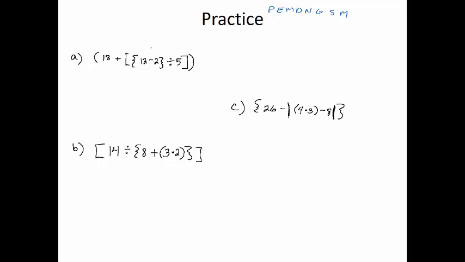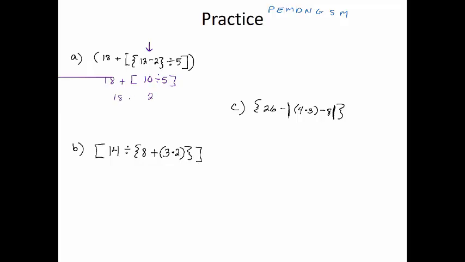Alright, first one here, we're going to start with our innermost enclosure. 12 take away 2 is 10. So we have 10 divided by 5. And we have 18 plus that. Alright, next, 10 divided by 5 is 2.